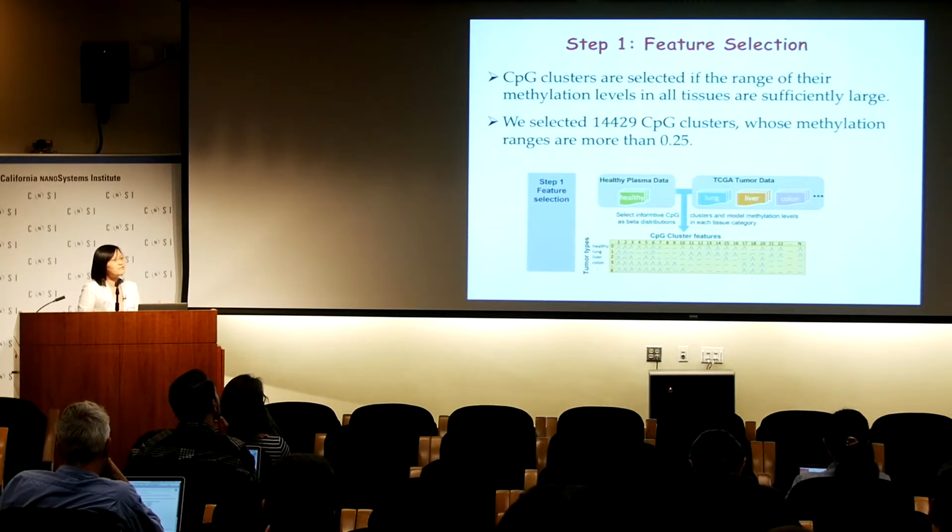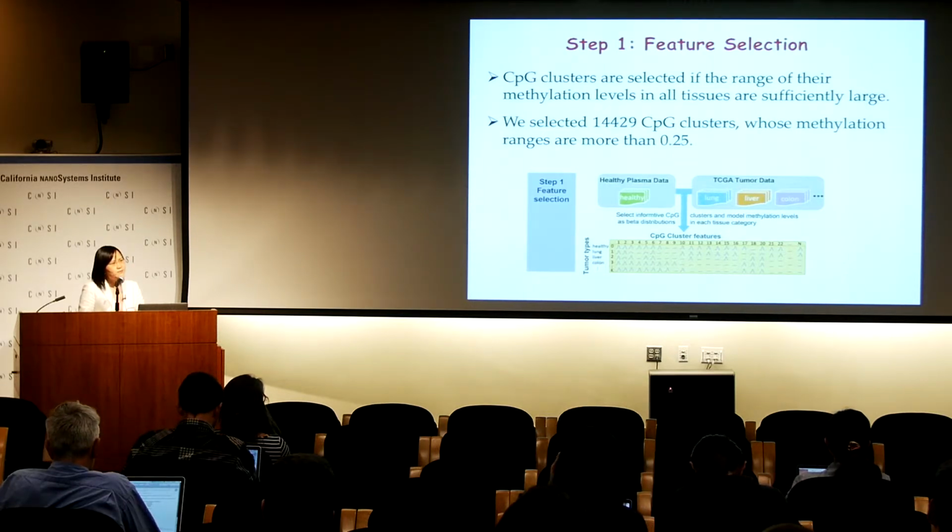So it's a population average value. Here we define the CpG cluster instead of CpG site because we want to have low sequencing coverage in clinical applications, so that we can use the pervasive nature of DNA methylation to group the neighboring CpG sites together, so that we can reduce the cost of the sequencing.